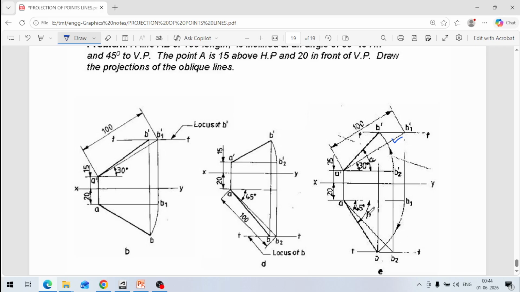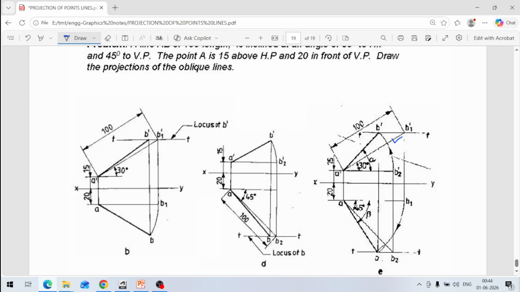Now what I have to do is, because this angle is 45 degree here, and this angle is beta. How is this angle beta? From this line taken as a radius, I draw an arc like this here.